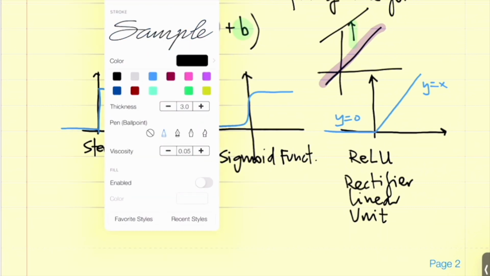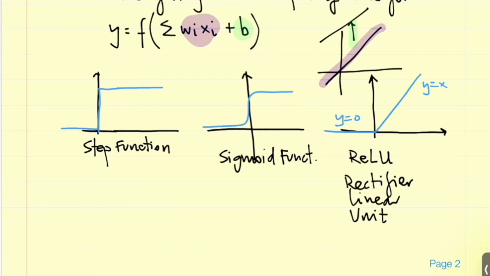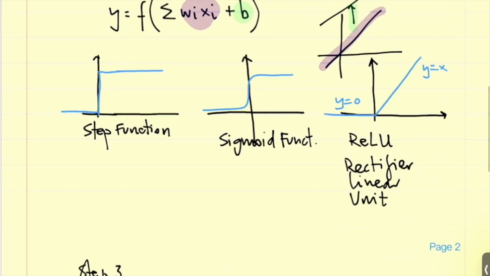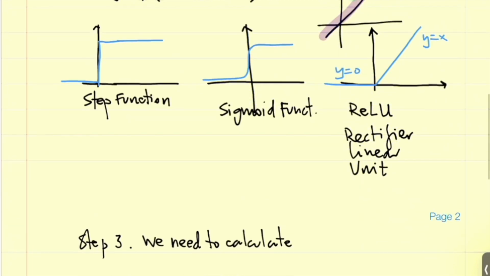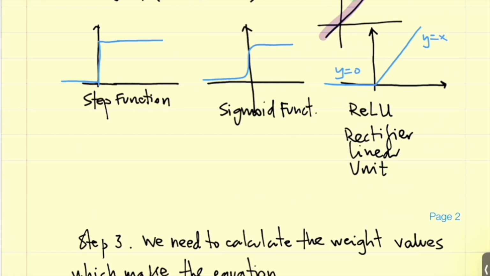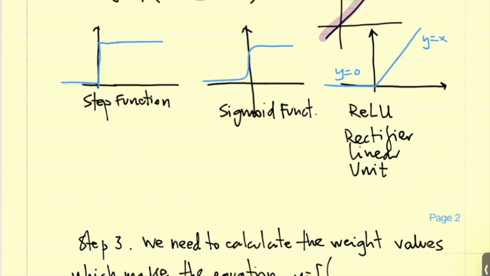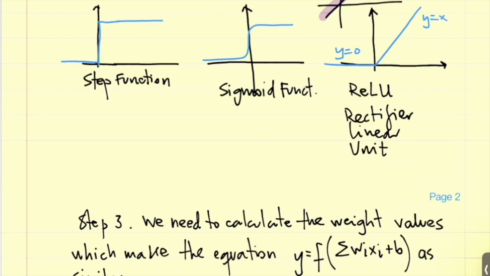So step 3 is we need to calculate the weight values which make the equation E as a function of the weight and the bias as similar as possible to a prediction.